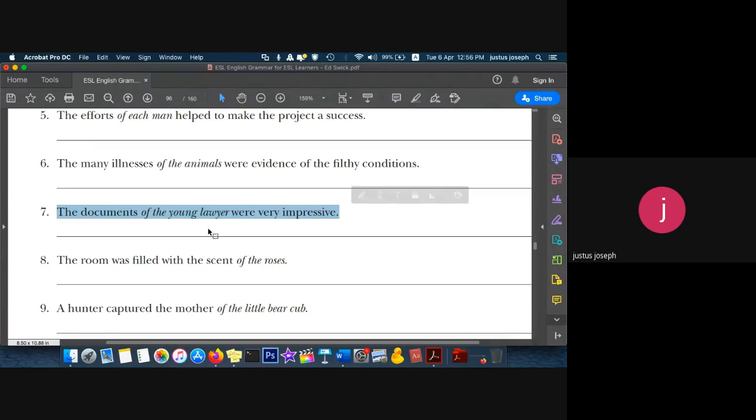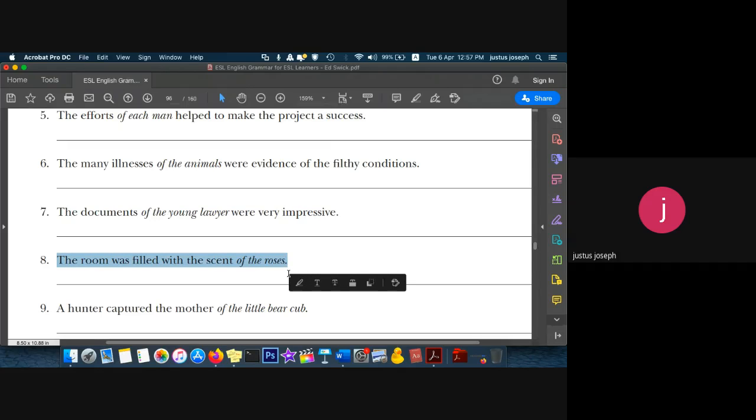The documents of the young lawyer were very impressive. The young lawyer's documents were very impressive. The room was filled with the scent of the roses.